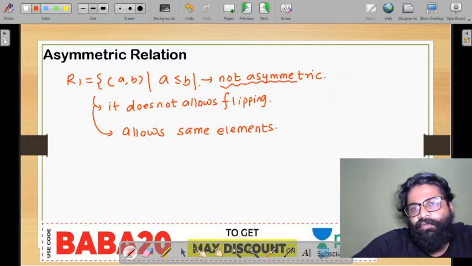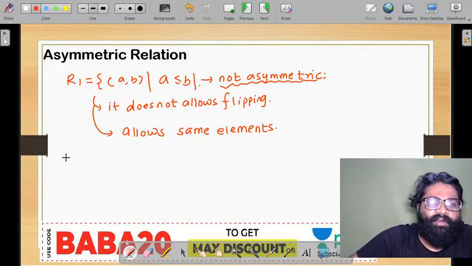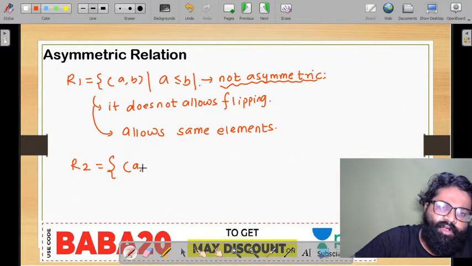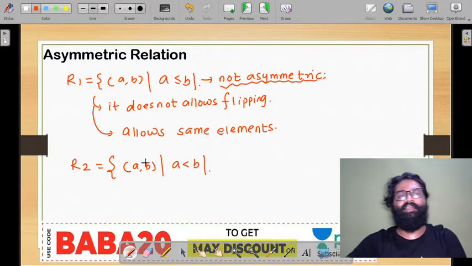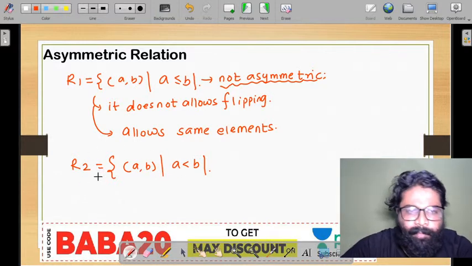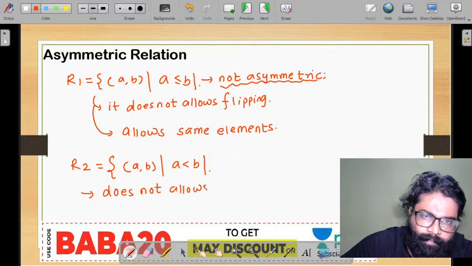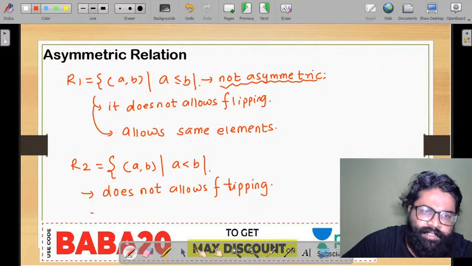This is not asymmetric relation, try to understand. Sir, can you give us one example where it will become an asymmetric relation? A comma b such that a is less than b. See, this will neither allow flipping nor allow the same element.